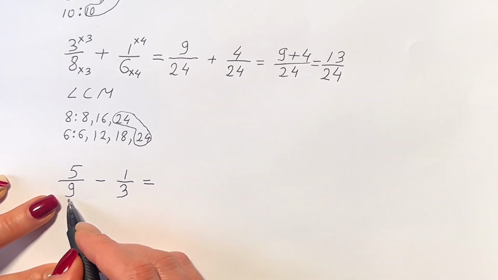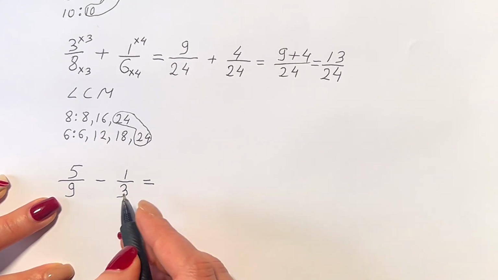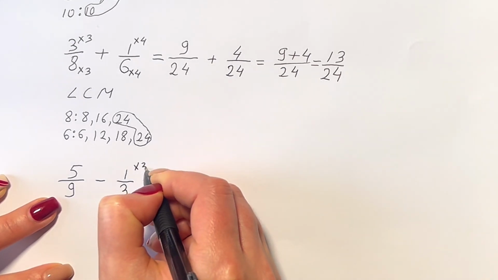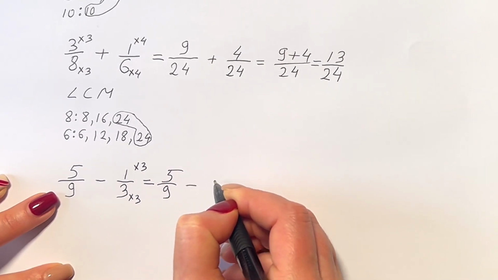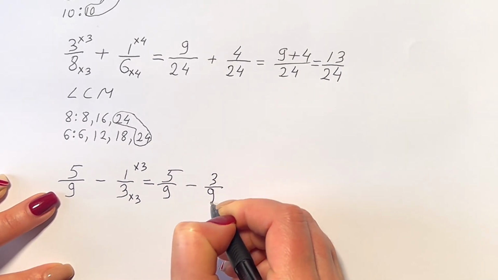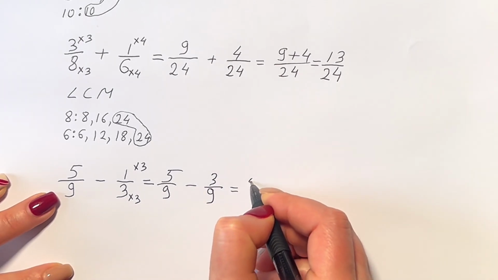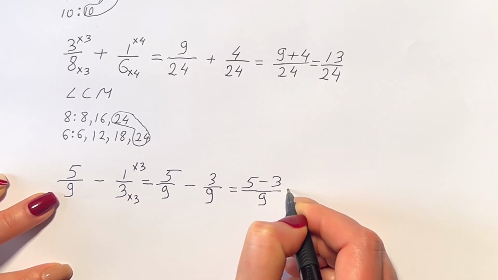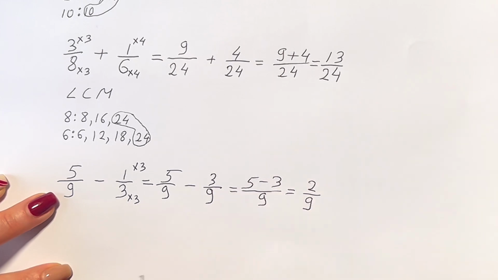This one is 9. I'm going to make the 3 a 9. 3 times 3 is 9. I'm going to do the same thing to the numerator. So 5 over 9 minus 3 over 9. Now the denominators are the same. I'm just going to subtract the numerators, which is equal to 2 over 9.